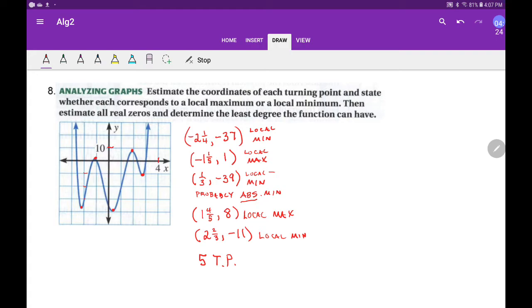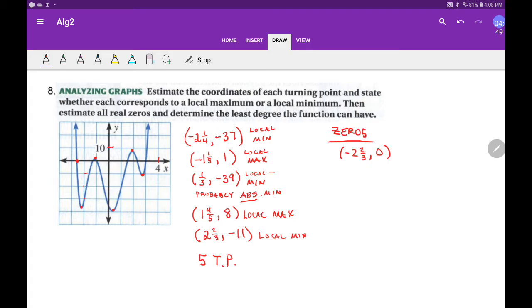And let's see, all real zeros. This looks like 2 2/3, so my zero is going to be negative 2 2/3, and of course y is 0.